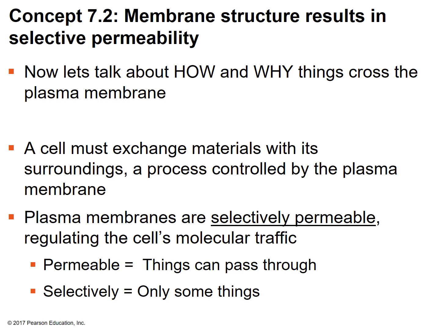But the nature of that membrane, with hydrophilic outsides and hydrophobic inside, helps to provide what we call selective permeability. Permeable means that things can pass through, but that selectivity says that only some things can pass through.